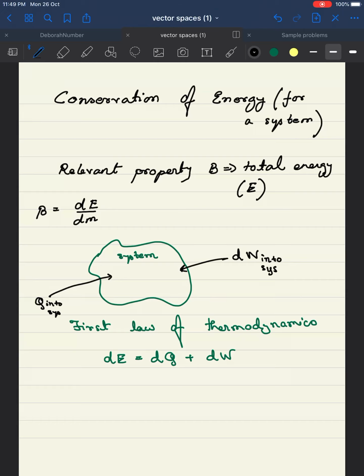So basically the energy of the system increases when you input a certain dQ heat into the system and do a certain amount of work again into the system. Okay.